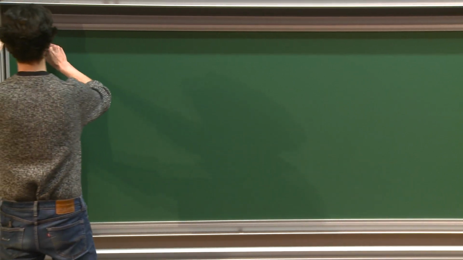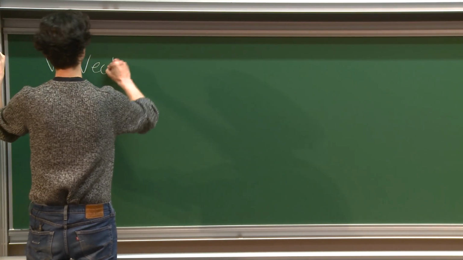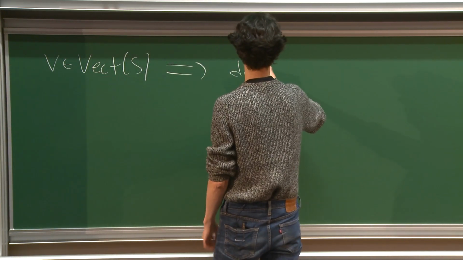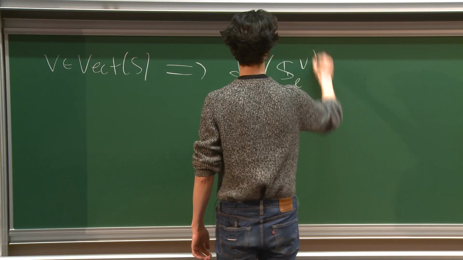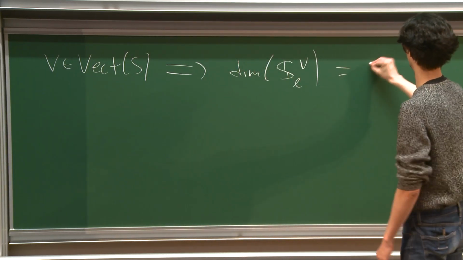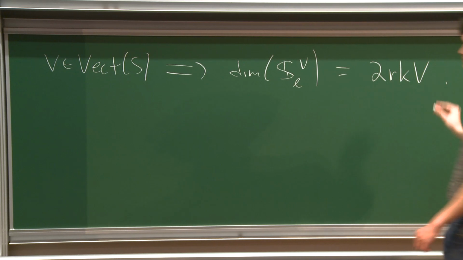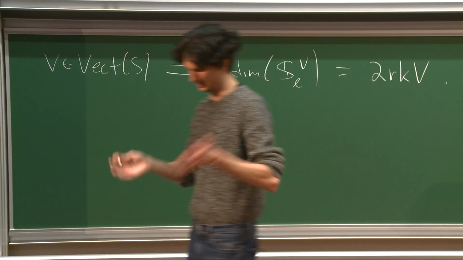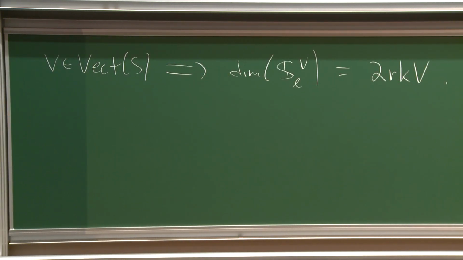Okay, so for V in Vect(S), what is the dimension of this one-point compactification here? It's 2 times the rank of the vector bundle. 2 times, because you sort of think by analogy with the complex numbers and usual topology, where a d-dimensional thing over the complex numbers is 2d-dimensional as a real thing.